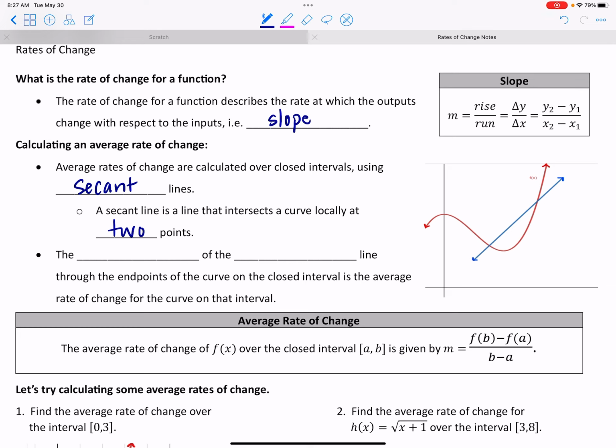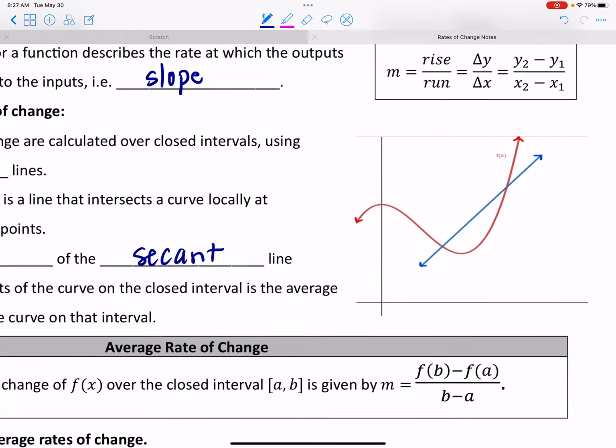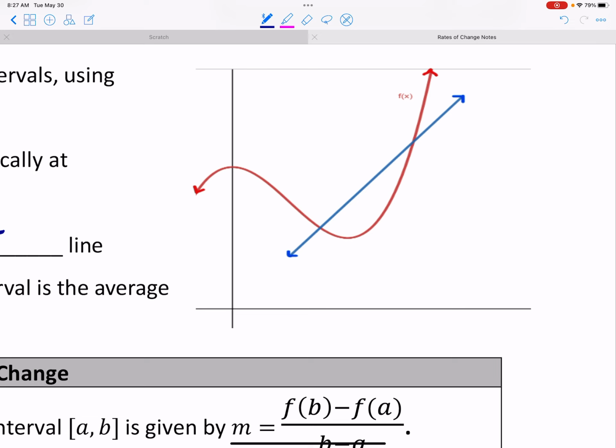And so what I was trying to explain there, I'm going to say in words here. It sounds kind of fancy, but the slope of that secant line through the endpoints of the curve on that closed interval will represent the average rate of change for the curve on that interval. Okay? So we're going to use some different notation here because it makes sense to do it.